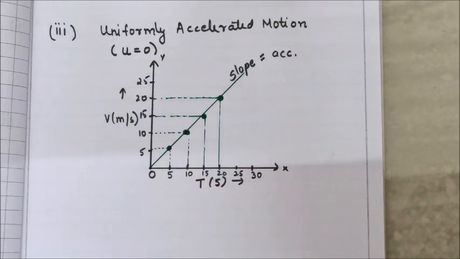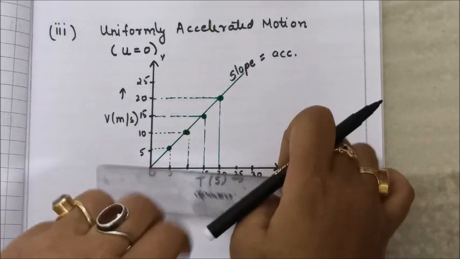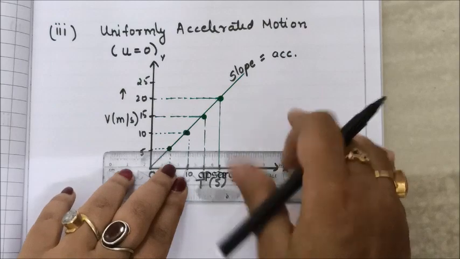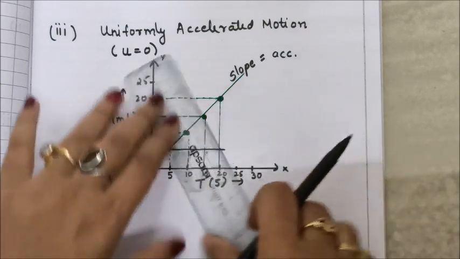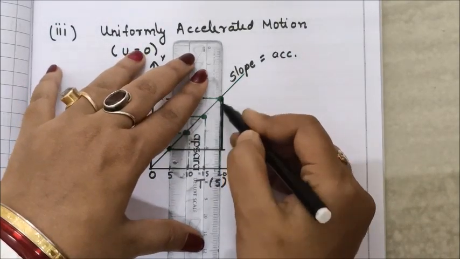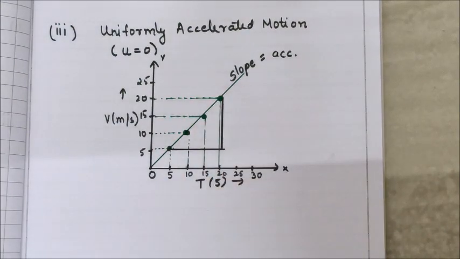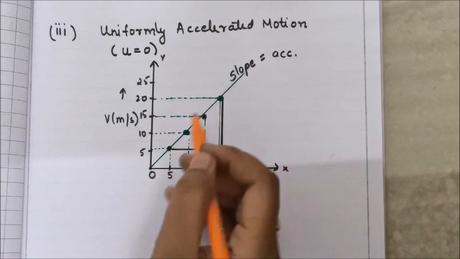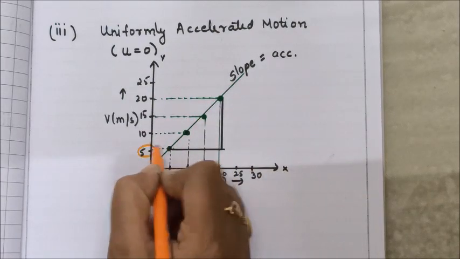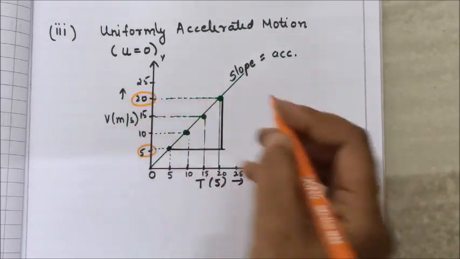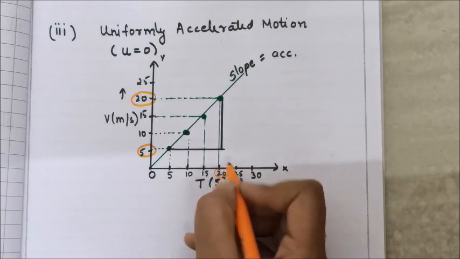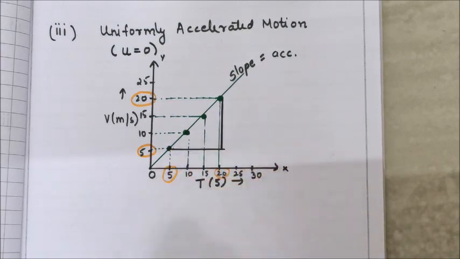You can take any 2 points as per your wish. If I take this point over here and this point over here, this makes a right angle triangle having V1 as 5, V2 as 20, T2 as 20 and T1 as 5.